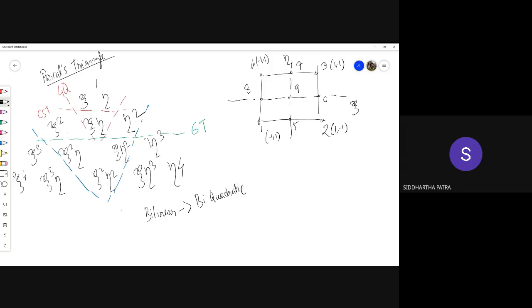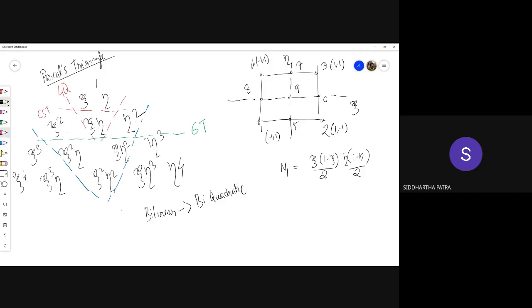Again the shape function, for example N1, would be like this: xi times (1 minus xi) divided by 2, times eta times (1 minus eta) divided by 2. So basically I need to be multiplying the shape functions of the quadratic bar element.